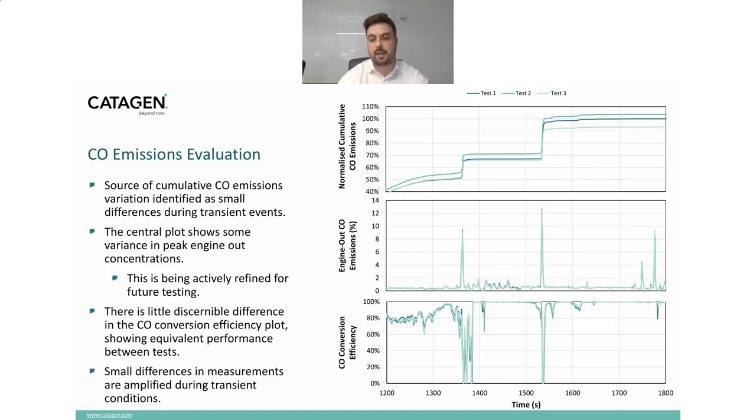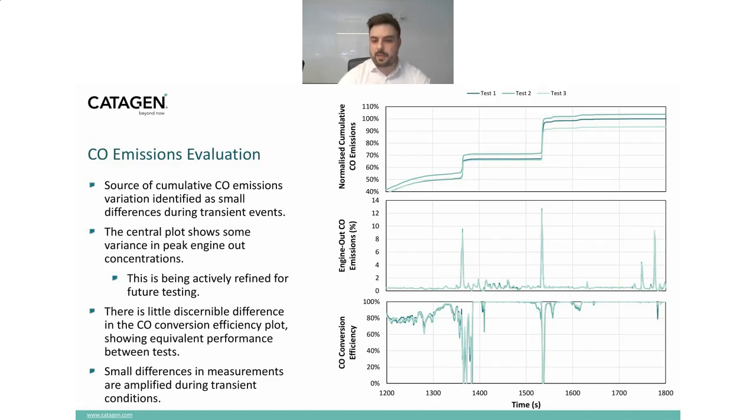So a small peak here can have a direct knock-on impact on what our tailpipe emissions are going to be. This relates back to the point I identified earlier in the presentation, where we feel that we could make some improvements, and we're actively working on those improvements and refinements for future testing.